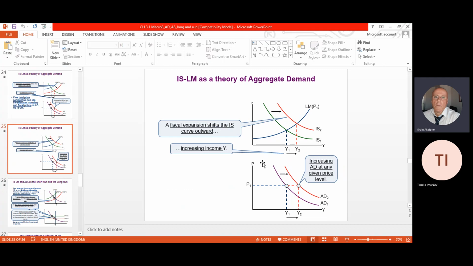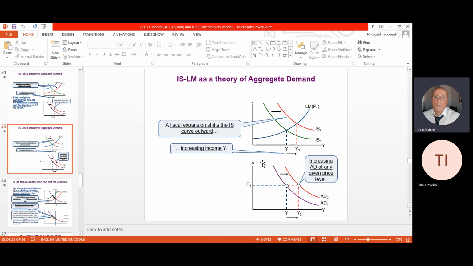And here, a fiscal expansion shifts the IS curve outward, as observed here. This increases the income to a higher level. Fiscal expansion means you either buy bonds from the market and pump money into the system, or you may reduce the tax rate, and this will cause an expansion of the economy. The money supply will expand as a result.